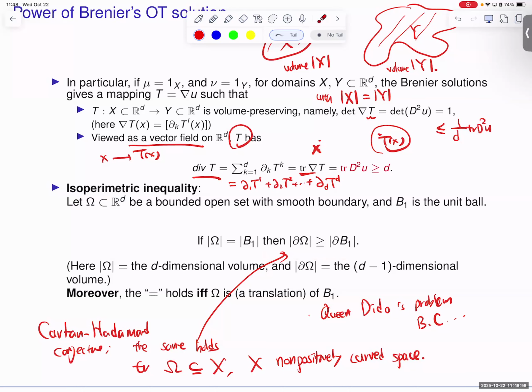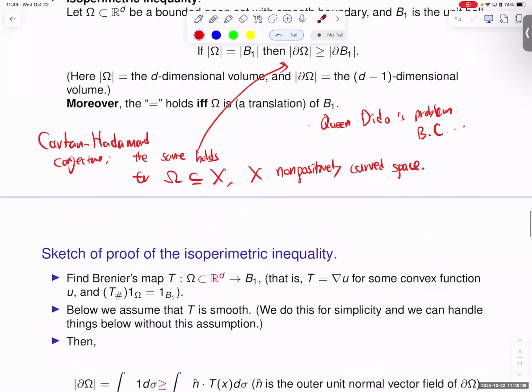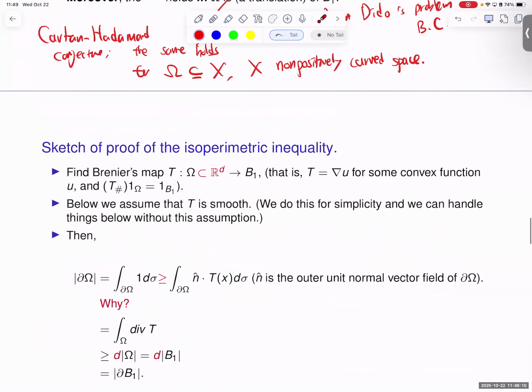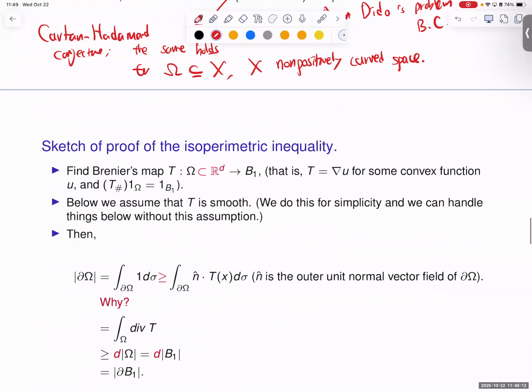So now, using optimal transport, you can prove this in a very simple way. It's surprisingly simple. How? Okay, so you have Omega as a set in R^D.